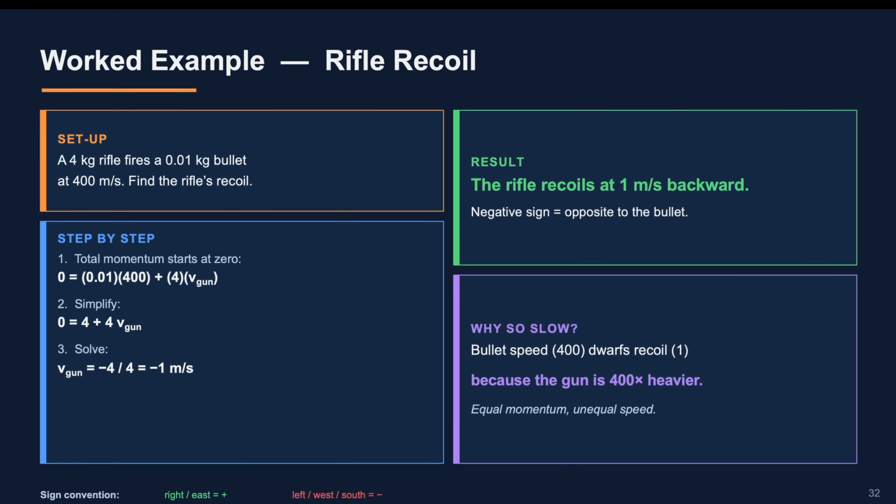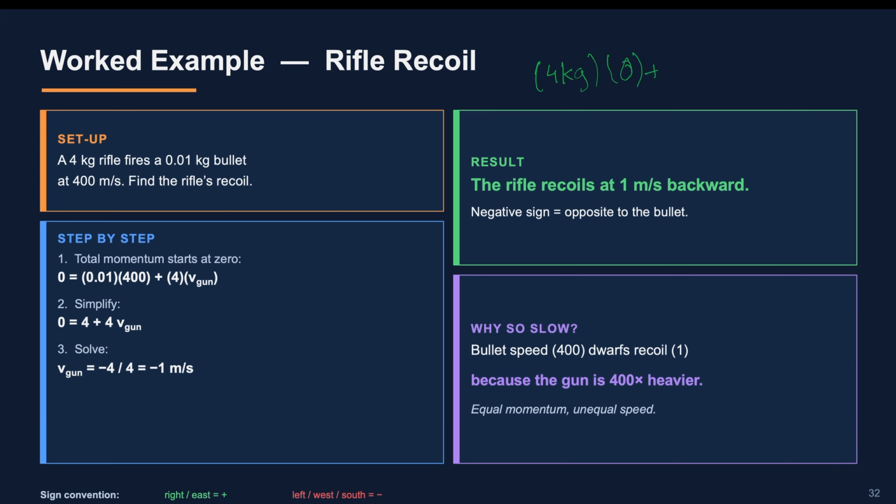Alright, so let's just look at an example question. A 4 kg rifle fires a 0.01 kg bullet at 400 meters per second. Find the rifle's recoil. Okay, so mass 1 here, which is 4 kg, times what? Well, its initial momentum is 0, right?